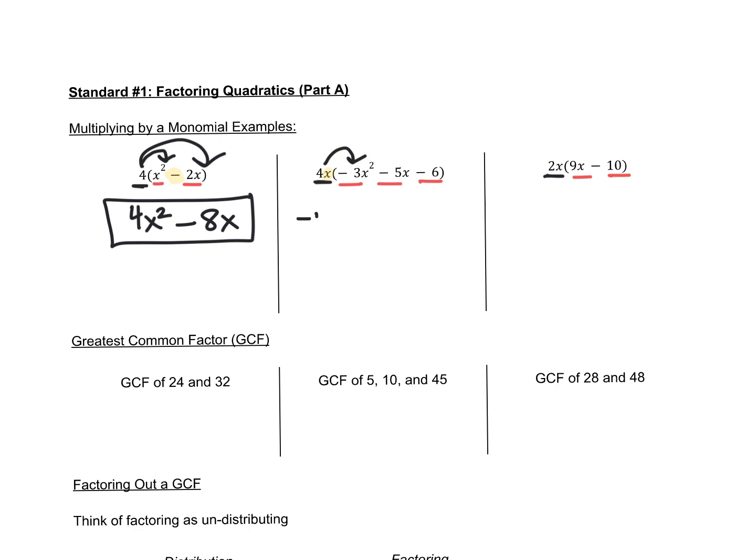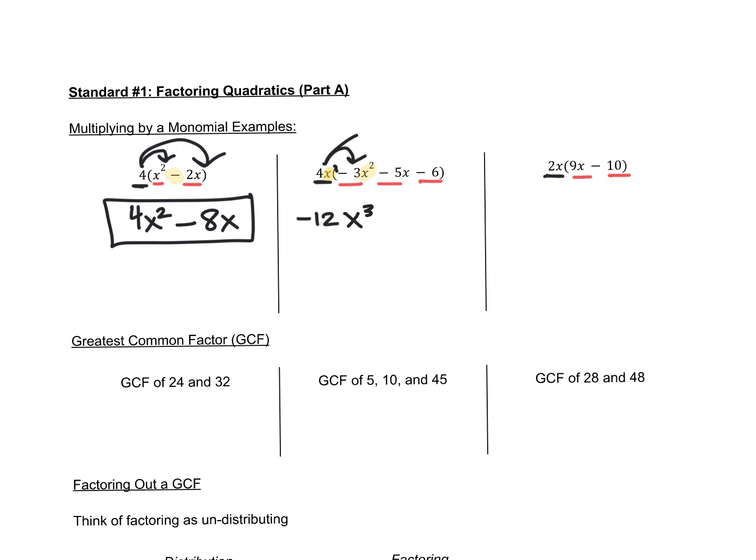That gives me negative 12. And then I multiply the variables. x times x squared is x to the third power. And that's because this x is essentially 1x. This x squared means 2 copies of x. So in total, we have 3 copies of x.